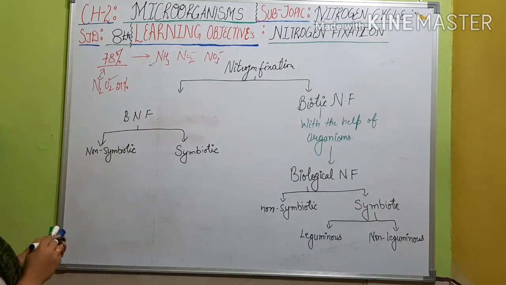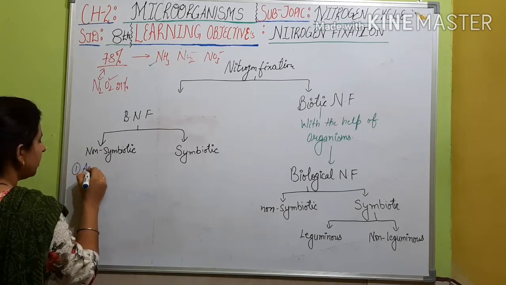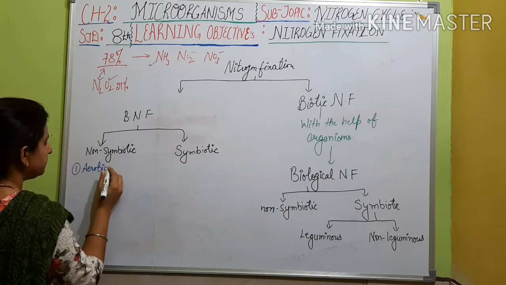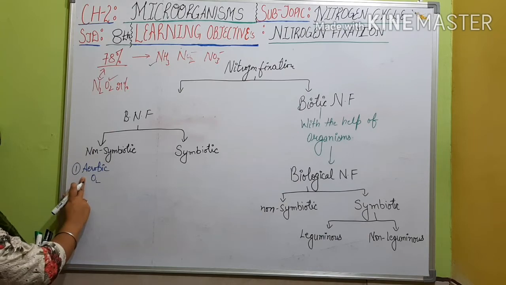In case of non-symbiotic organisms, mainly certain bacteria and algae help in it. So the first is some aerobic bacteria. Aerobic means that will work under the presence of oxygen.